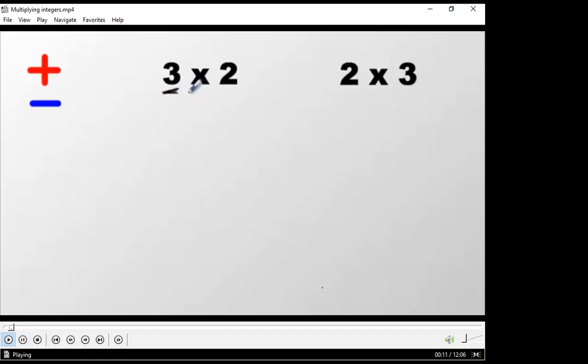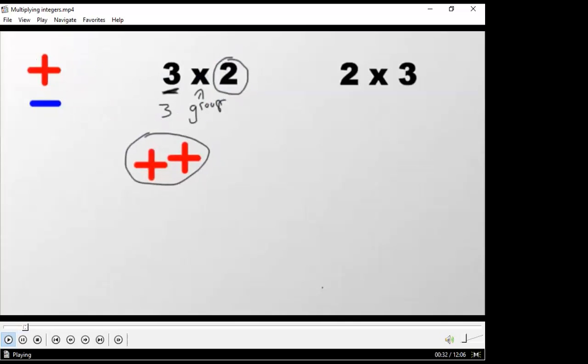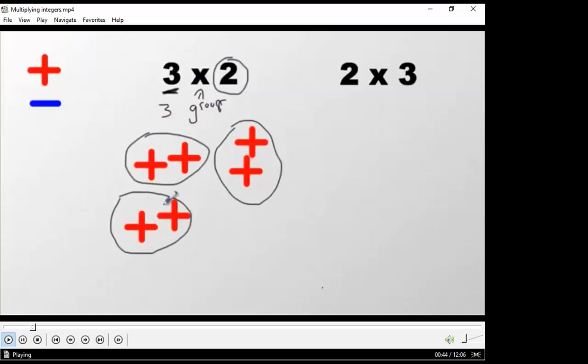The first number we can translate into words: add or subtract. So 3 groups, and each group consists of 2. I'm looking for how many more? 2 groups. So the second group, positive again, 1, 2, and then this is the third group.